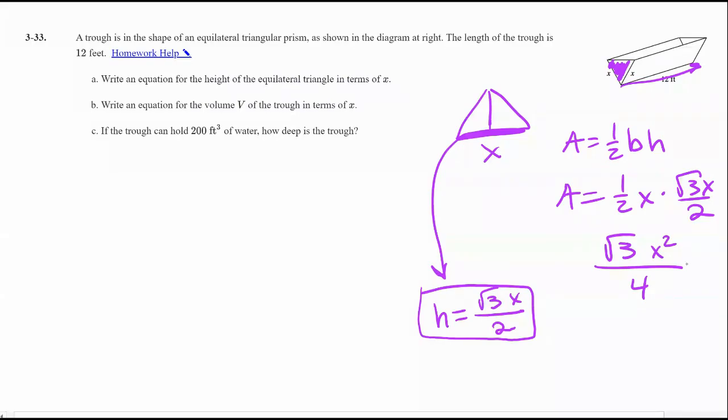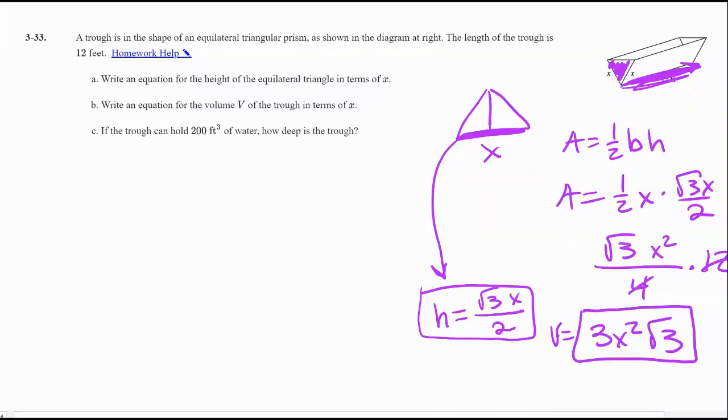So what that means is that we then need to multiply that by the height, or I guess in this case we'll call it the length. So we're going to multiply that by 12, and that just cancels. I'll rewrite it as 3x squared √3 for my volume. You can write this a whole number of different ways, but we'll call it 3x squared √3.